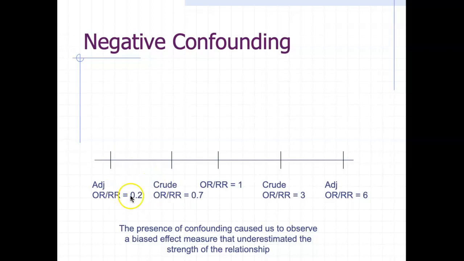In this scenario, the crude measure indicated a protective association, but not that protective. In fact, the adjusted measure, which we should be using given that we have confounding, says your relationship between your variables is actually super protective. So this biased measure caused us originally to underestimate the strength of the relationship.